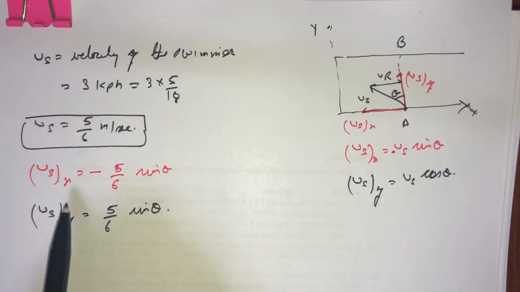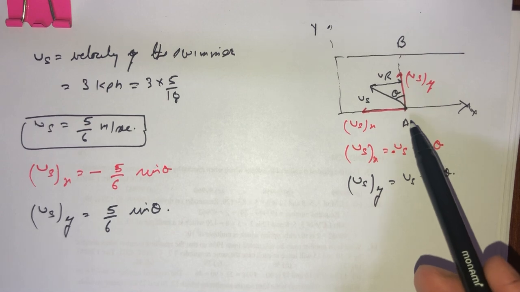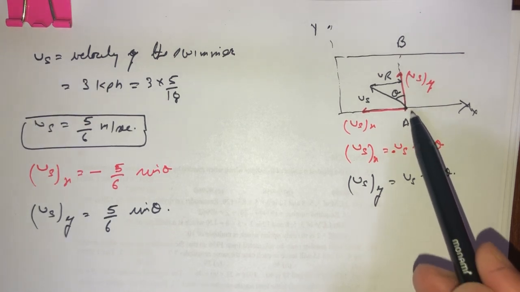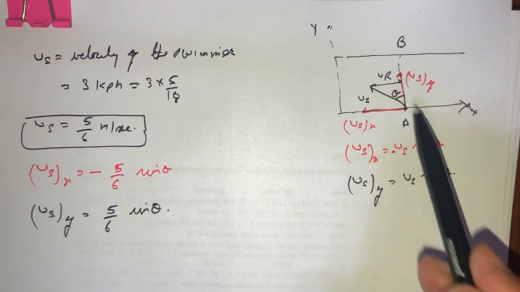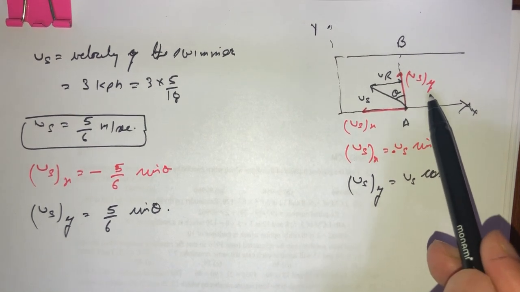So we have two components of velocity. One is in x direction as well as in y direction. But the actual velocity with which the swimmer will be able to follow the path AB will be only in y direction.